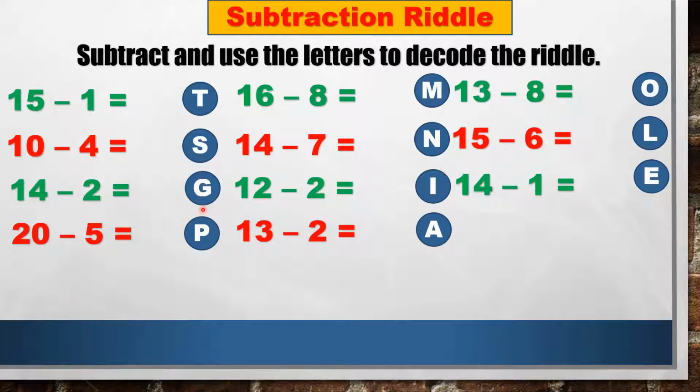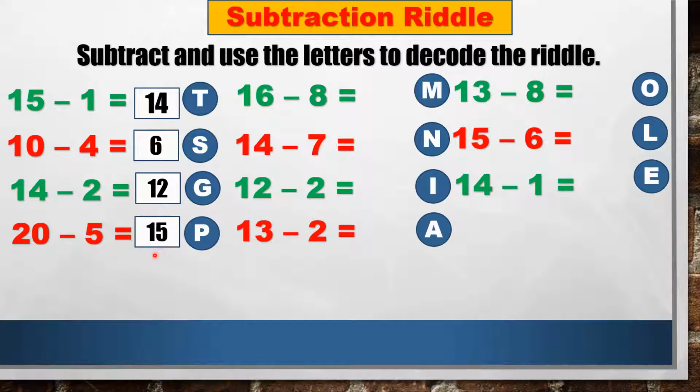Let's start solving the sums. 15 minus 1 is equal to 14. 10 minus 4 is equal to 6. 14 minus 2 is equal to 12. 20 minus 5 is equal to 15. 16 minus 8 is equal to 8. 14 minus 7 is equal to 7.